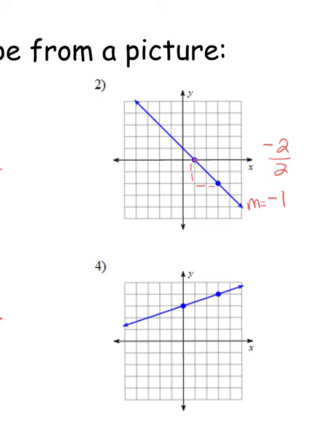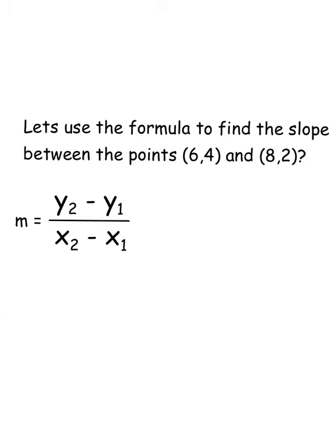And if I look at number 4, again, it's rise over run. I'm going up 1, over 1, 2, 3. So here my slope is 1/3. Now, sometimes we're going to use the formula to find the slope between 2 points. So if you have difficulty labeling your points, this is x1, y1, x2, y2.